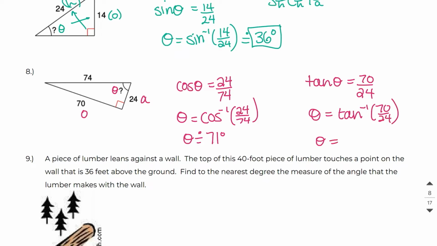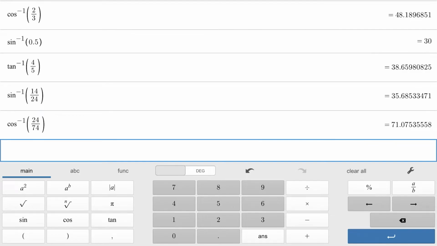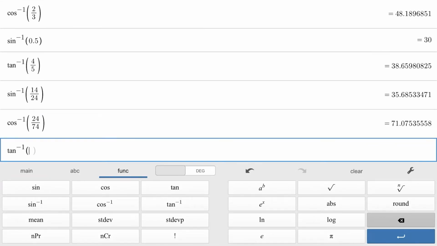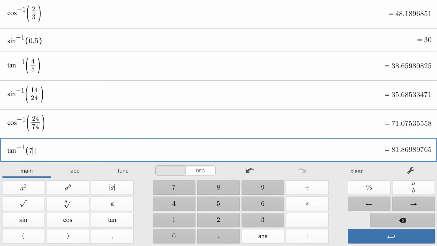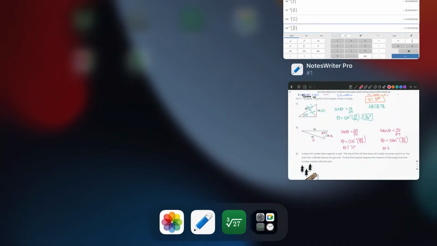And I end up getting theta is equal to approximately, so I'll go into my calculator, I'll type in 70/24. Sorry if I said 7/24 earlier, I meant to say 70/24. So I'm going to do inverse tangent of 70 over 24, and I end up getting the exact same answer, which is 71 degrees. So notice it doesn't matter which ratio you choose if you're given all three sides.